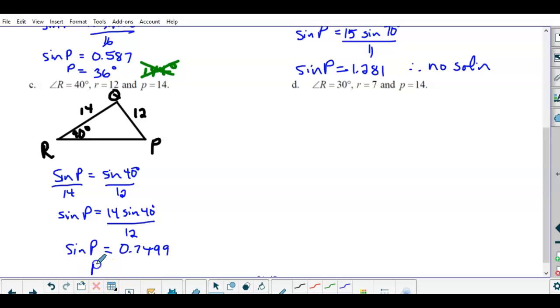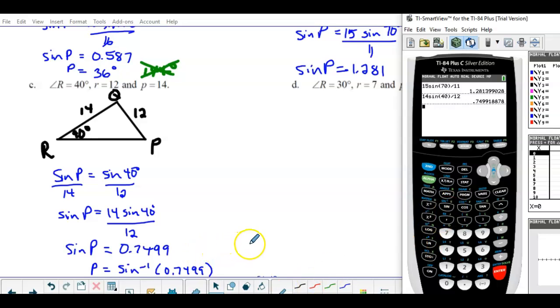So now P is inverse sine. Because the angle we're looking for is opposite the longer of the two sides given, then we have a choice. Well, not a choice, but it could be one of three things: no solution like the last one, one solution which is 90, or two solutions.